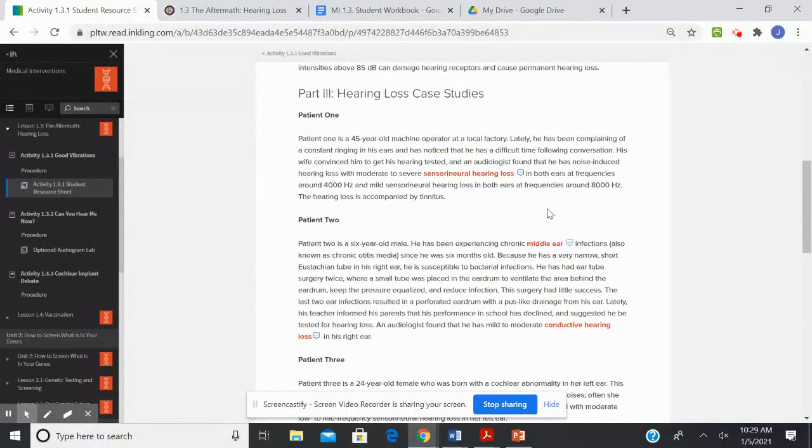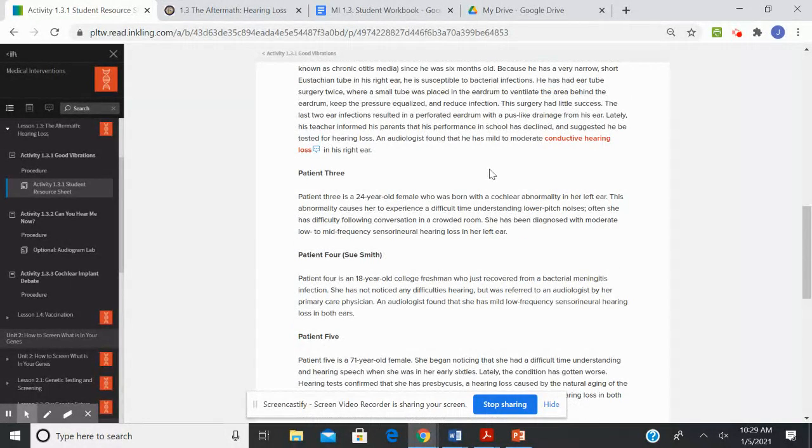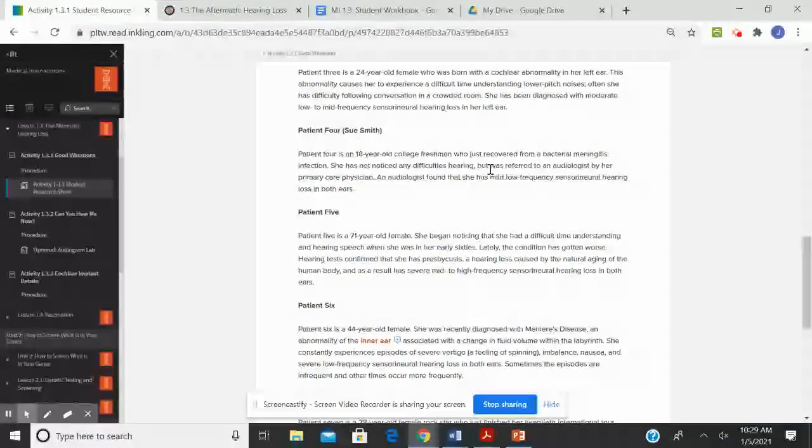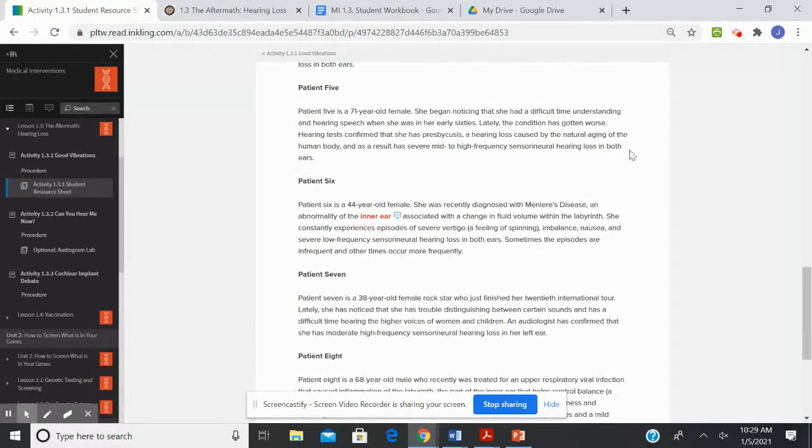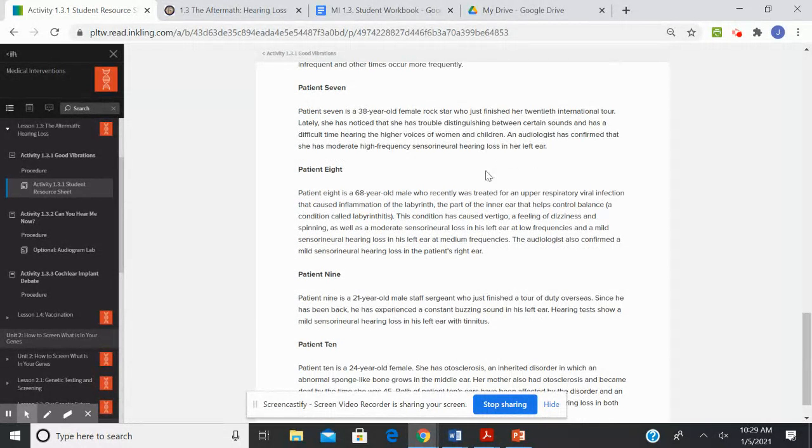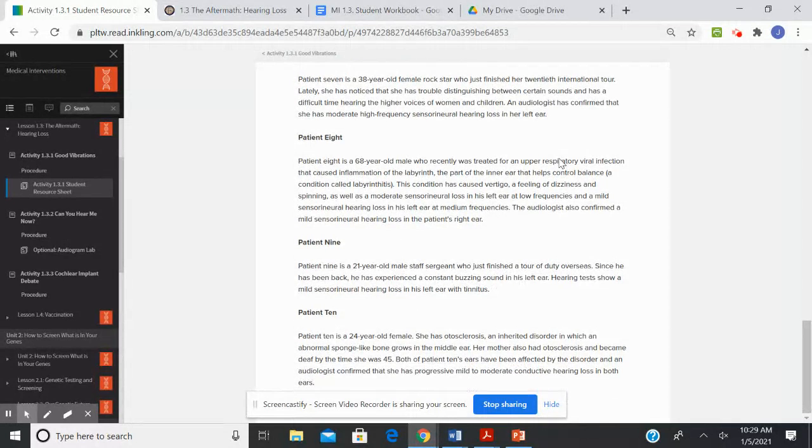So you would then just look for a patient, and they're scrambled, of course, that has mild to moderate hearing loss at high frequencies. So you'd have to look through there and try to find that. Hopefully that would help you finish that part.